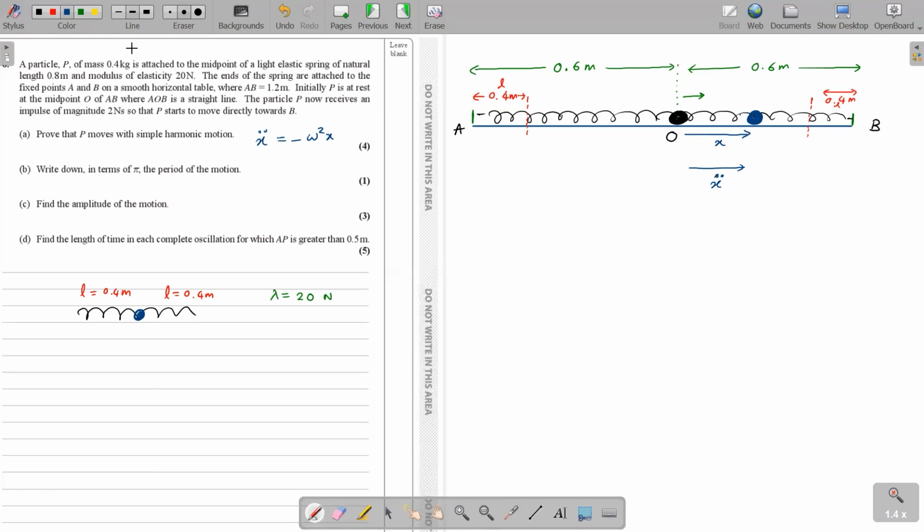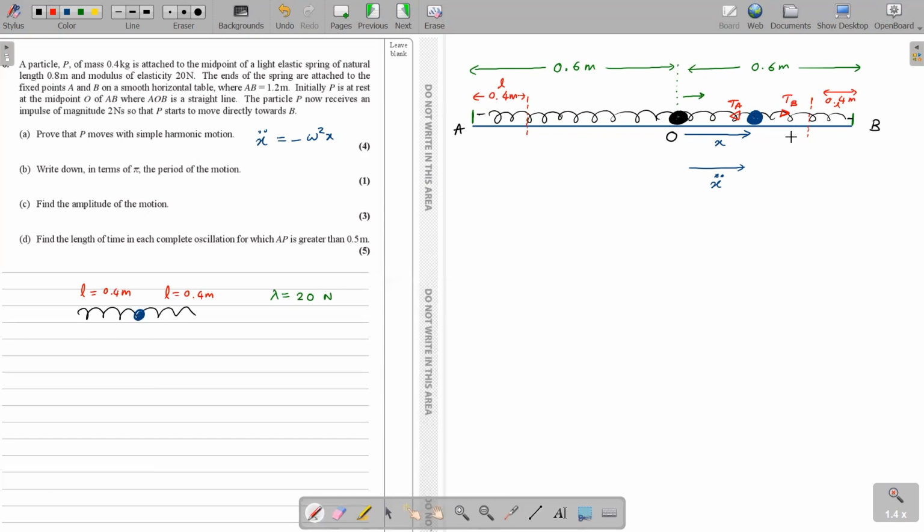So what equation are we going to use? We are definitely going to use F equals ma. What are the forces acting on the particle at the general point? Yeah, tension. You have tension from spring A and tension from spring B. There are two tensions horizontally.